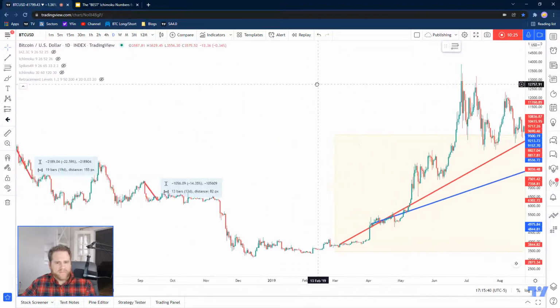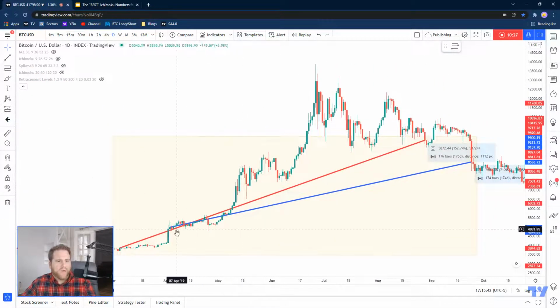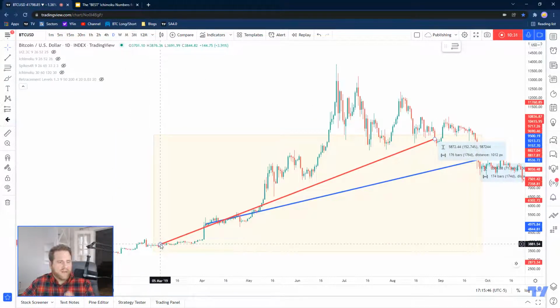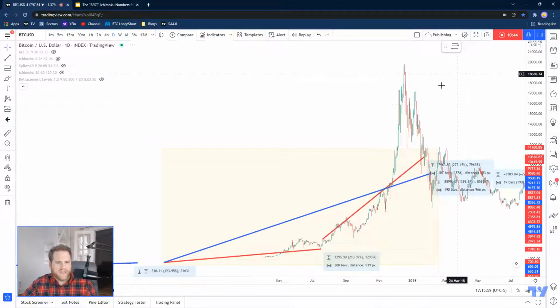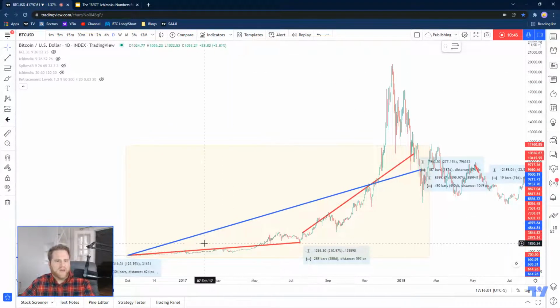On the flip side, again, we see where the legacy settings got us into the trade back in March of 2019 earlier, got us out earlier, whereas the cryptocurrency settings got us in later and got us out later. But as I said, the flip side is you oftentimes have more false signals.